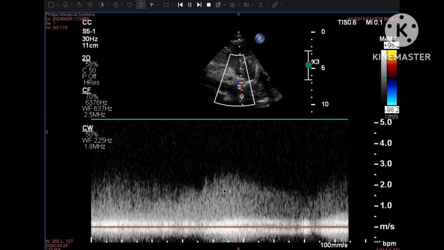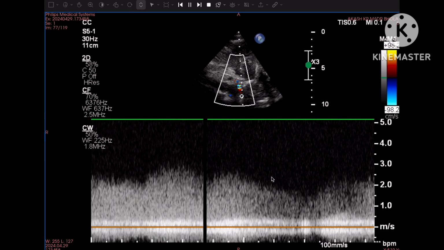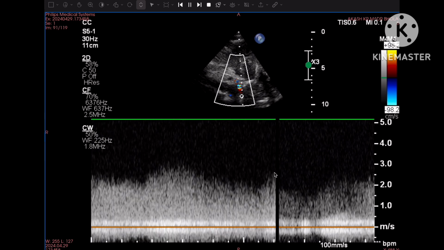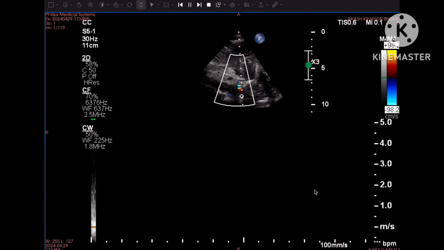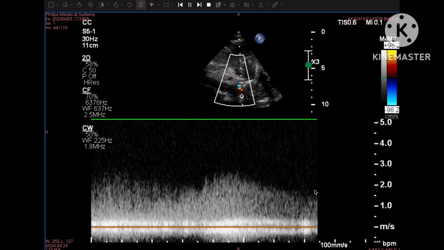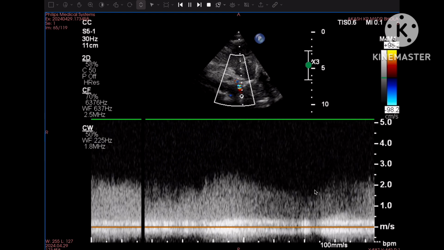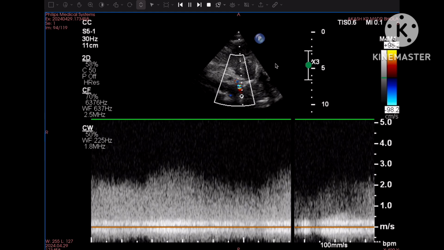Again, you see the velocity is quite high. Less than 180 centimeters per second goes in favor of normal, but more than 180 centimeters per second is in favor of renal artery stenosis, where the peak velocity is almost 3 meters per second.